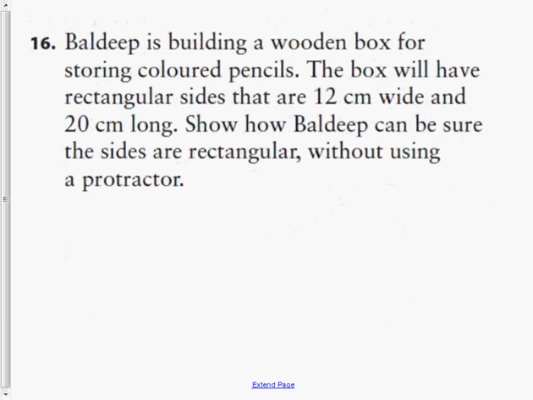Question 16. Baldeep is building a wooden box for storing colored wooden pencils. The box will have rectangular sides that are 12 centimeters and 20 centimeters long. Show how he can be sure the sides are rectangular without using a protractor.